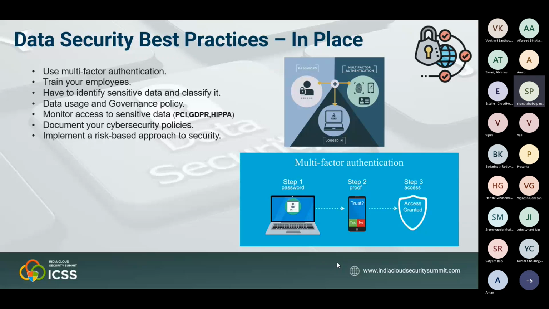And data usage and governance policies. As I mentioned, we need to bring that culture into the organization, organizing the different users and different roles, who has the right to access the data and who can access it. For example, suppose person X in the organization moves from one level to another. We need to identify that, and it has to be communicated to the governance team.